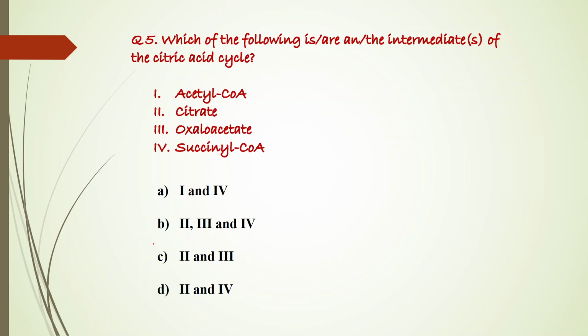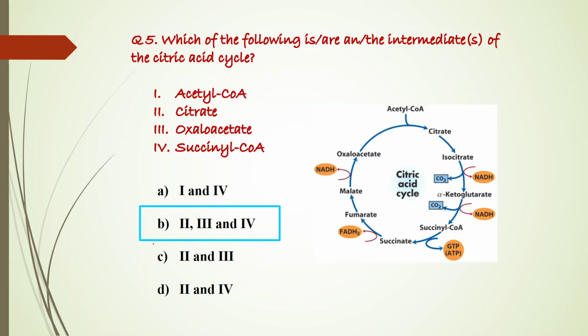So let us look at our TCA cycle. I have shown you the answer. What is shown on the right hand side is our TCA cycle, where we start from oxaloacetate, and acetyl coenzyme A works on oxaloacetate to give you citrate. So citrate is one of our intermediates.